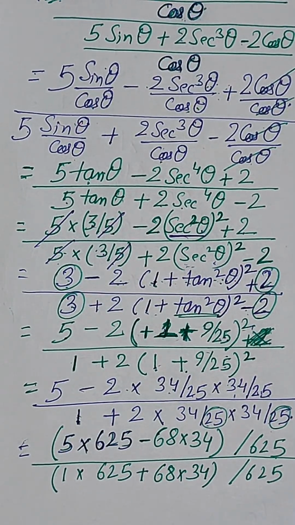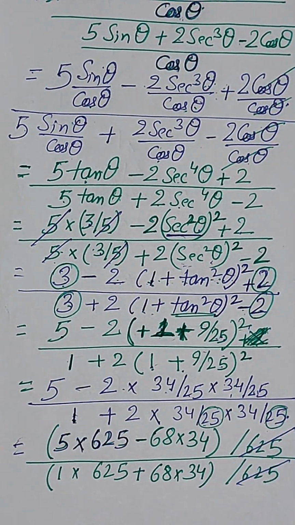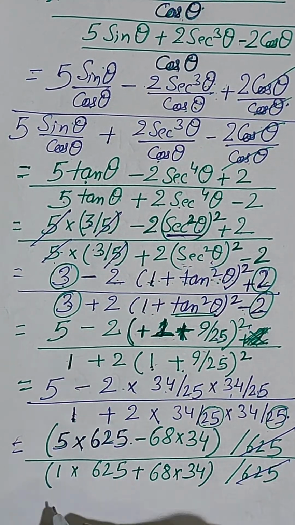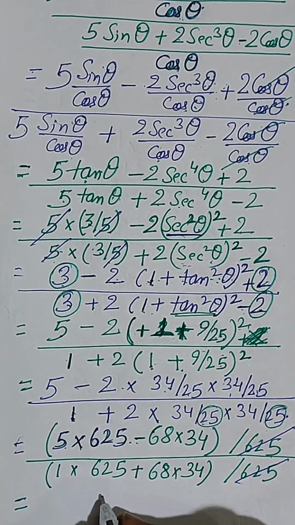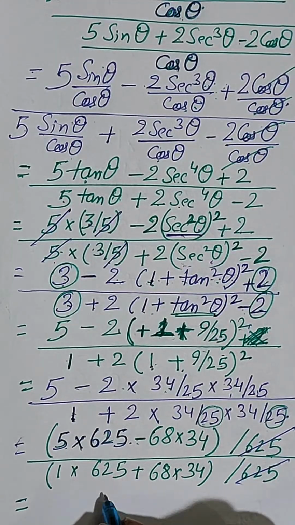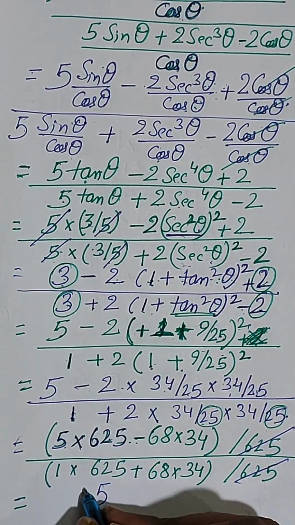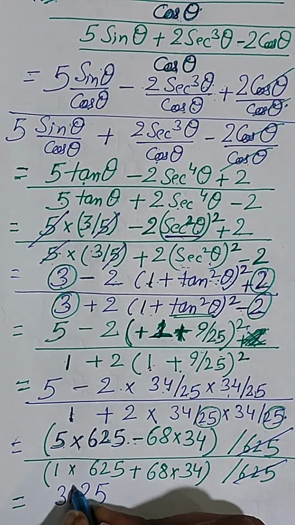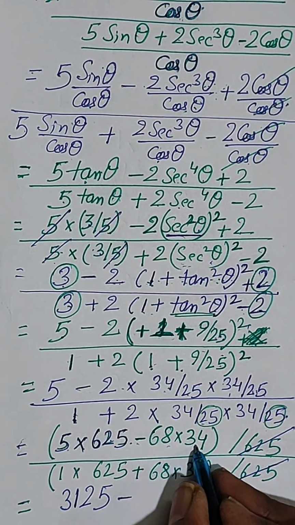So here you can see 625 and 625 will be cancelled out, right? And we are left with 5 into 625, and 5 into 625 is what? 5 into 5 is 25, and so it's 3125 minus 68 into 34.